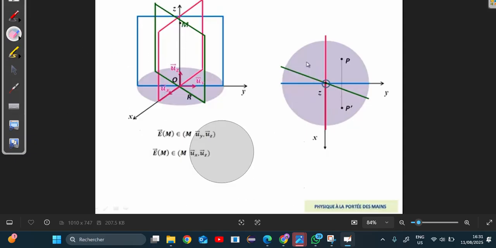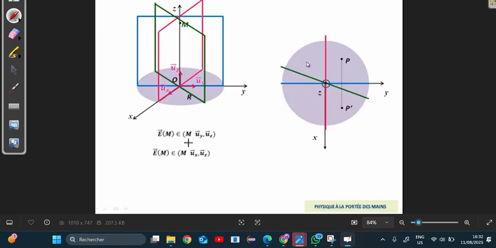so if you see here, this plane, the one in blue, this is Z, this is Y, this is X. This is the YZ plane. Then we also have this plane in red, this is XZ. So the other one is YZ, the other one is XZ.